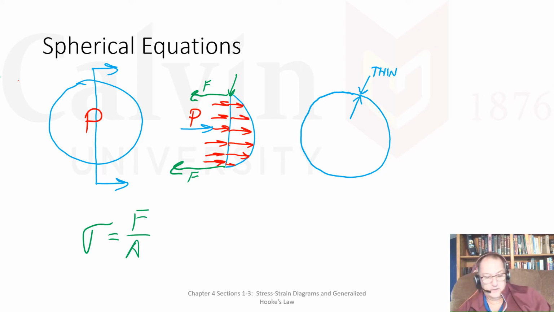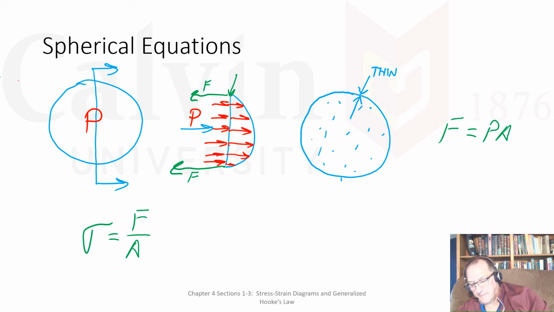I know that force F is equal to the pressure times the area. And this right here, that's my area. So that's equal to pressure times area, which is pi times the radius squared.